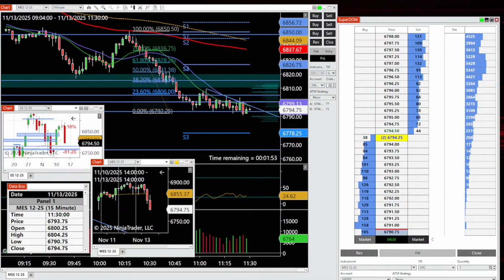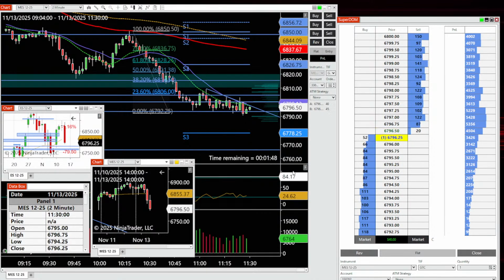In this 15 minutes, we went as high as 04 and as low as 90. 4-point range.